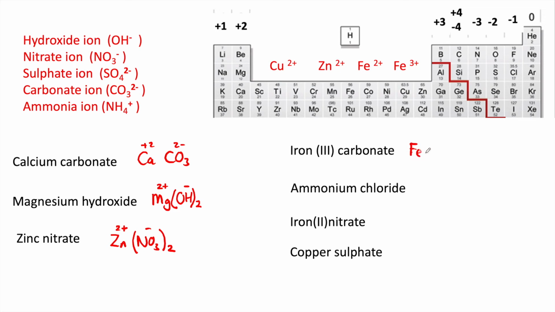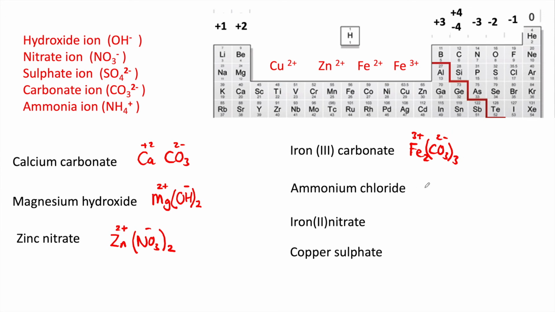Well, iron 3 tells you it's a 3+ ion. Carbonate is a 2- ion. So again, we've got our denominator of 6, so we need 2 ions to make 6 electrons to give away, and we need to have that in brackets, and we need 3 carbonates in all to take those 6 electrons.